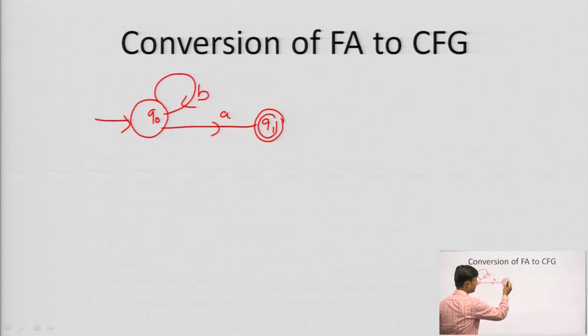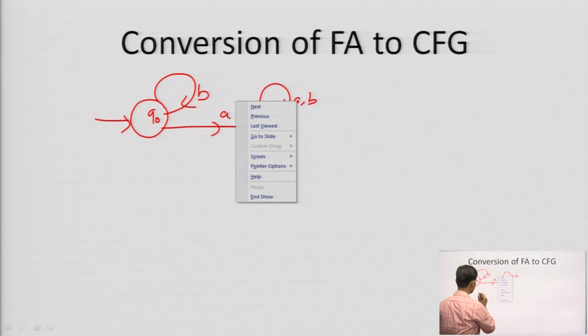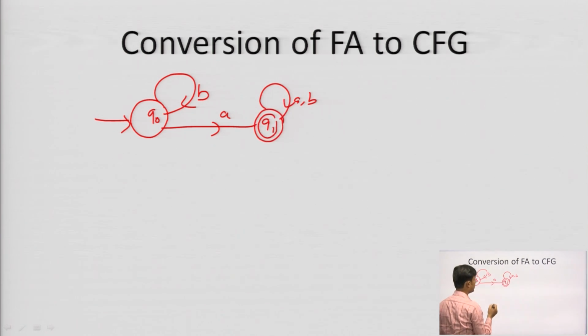The transitions are labeled A and B, with loops on A, B. This is the finite automata diagram we have drawn. Now how will this finite automata diagram be converted into a CFG, context free grammar?